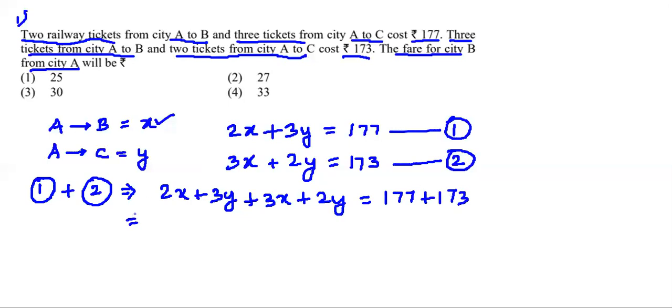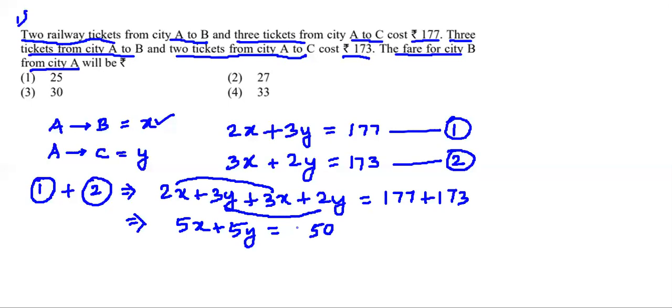Yeah, proceed. Now we have 2x plus 3x. Let's add the like terms. So 2x plus 3x will give us 5x. Then plus 3y plus 2y, and that will give us 5y, which will be equal to, now right hand side, when we add 177 plus 173, we will be getting 0. 7 plus 7 is 14. 14 plus 1 carry will be 5.